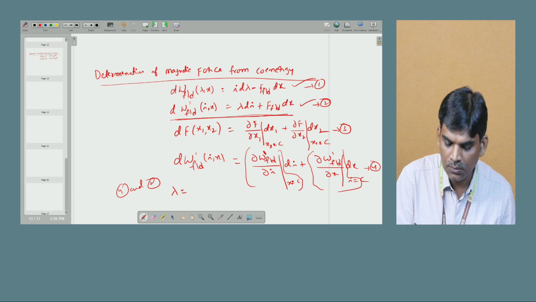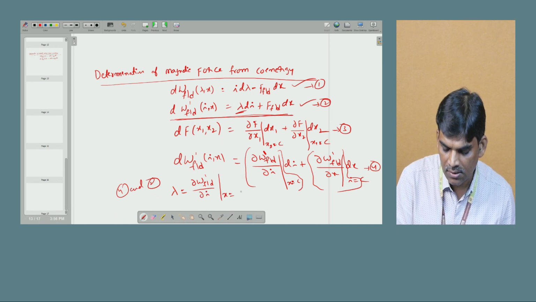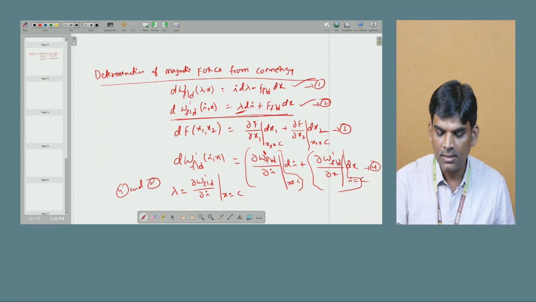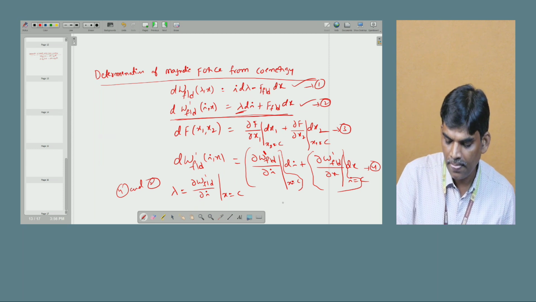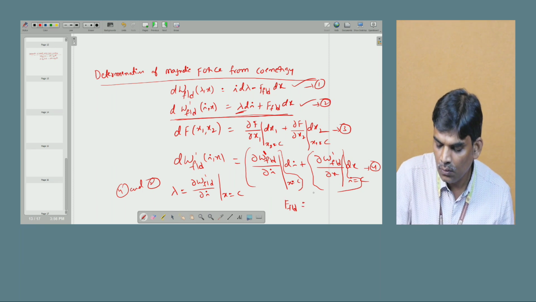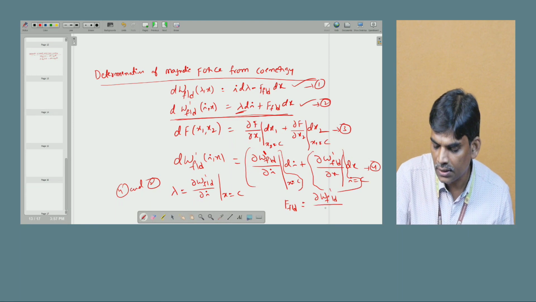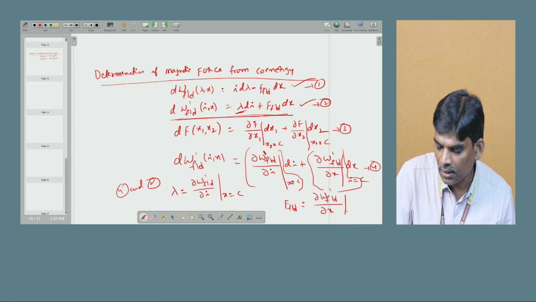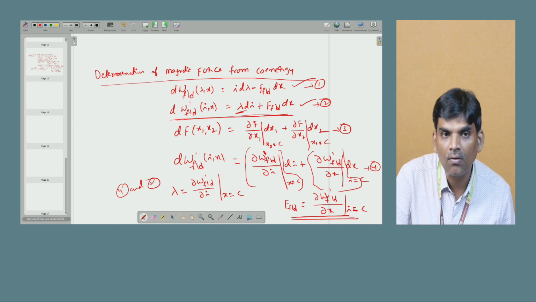Lambda is equal to dou coenergy by dou i, but here x is constant. Similarly, the field force is equal to the differentiation of coenergy by dou x, but i is treated as a constant.